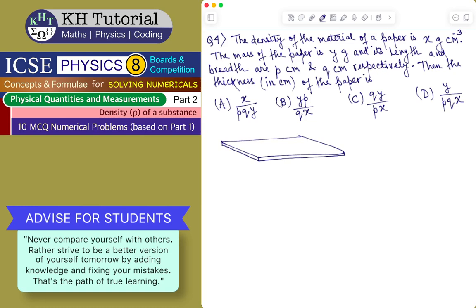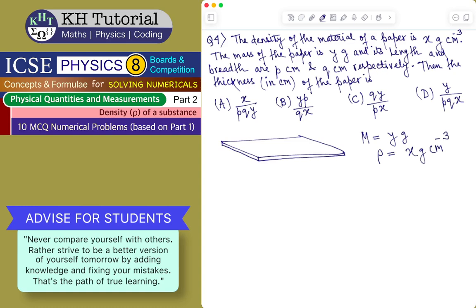It is given that the mass of this sheet of paper is y gram. The density of the material of the paper is also given as x gram per centimeter cube.